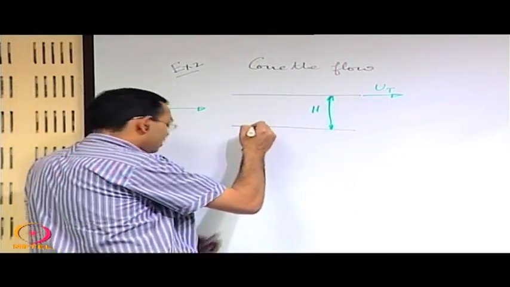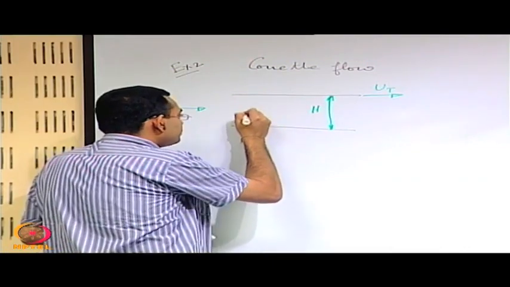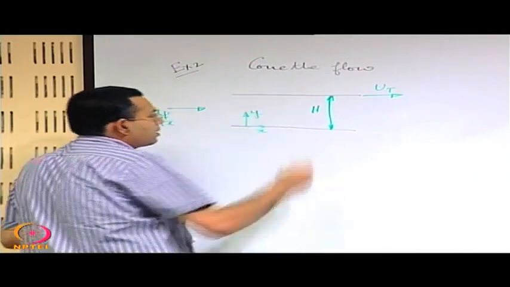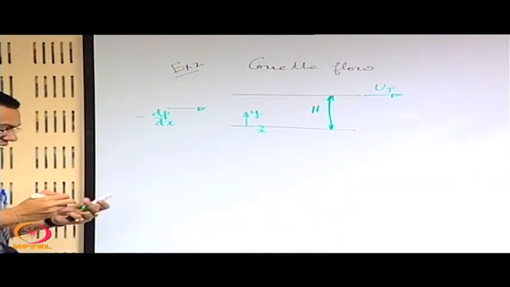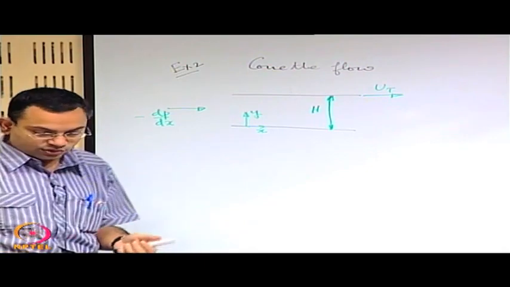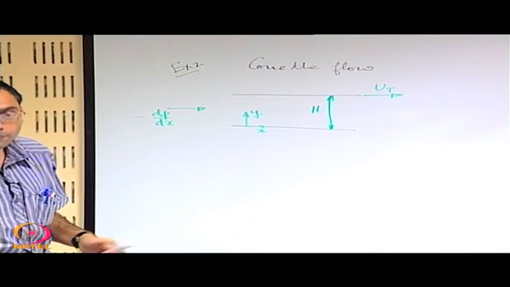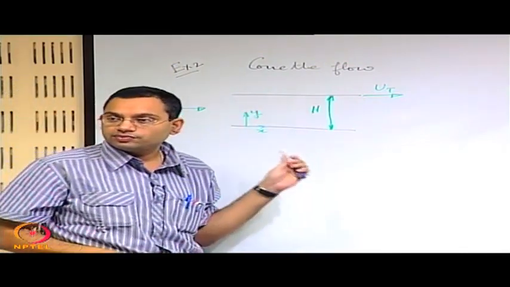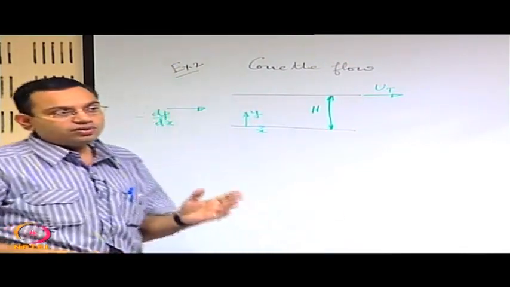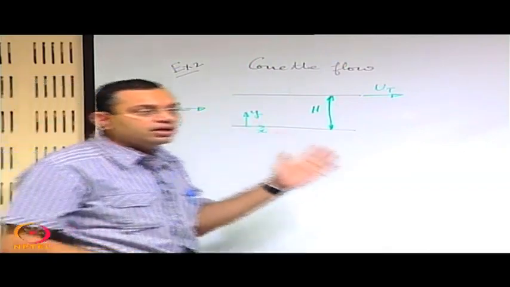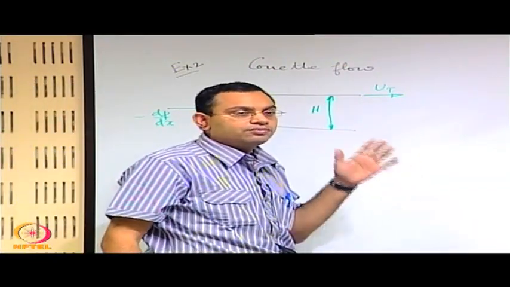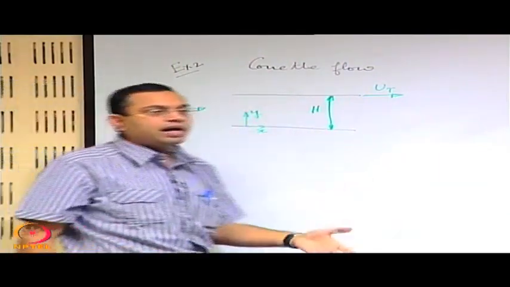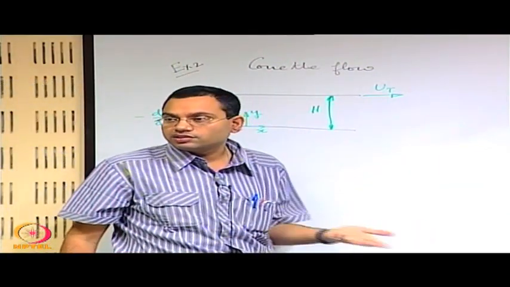So let us set up a coordinate system. Say this is the y axis and this is the x axis, and let us write the equations of motion here. We will keep all the assumptions which were there in the plain Poiseuille flow valid for this problem also: steady flow, constant properties, and fully developed flow. When you say constant property, by default it is incompressible, that means density is constant.